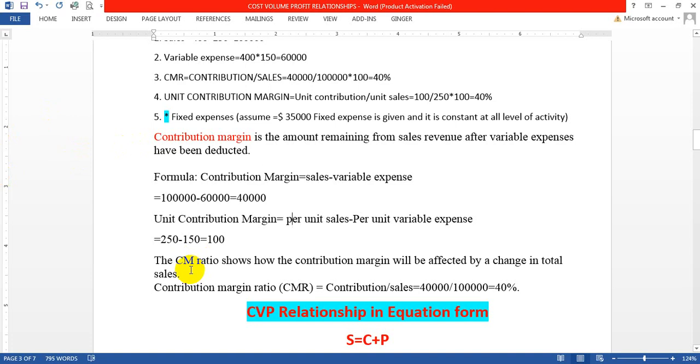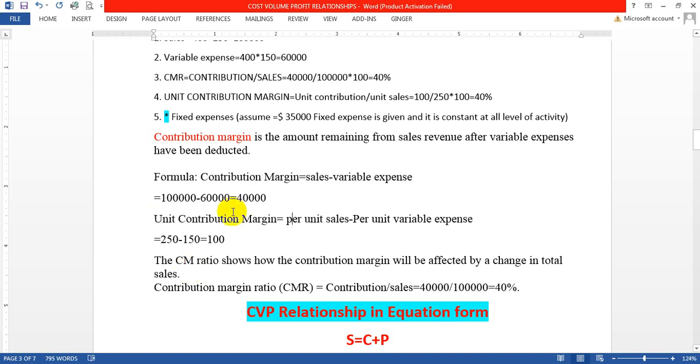Again I am repeating, if CM ratio is 40%, it means for each dollar increase in sale, total contribution margin will increase by 40 cents. Net operating income will also increase by 40 cents, but the fixed costs are not affected by the increase in sale.